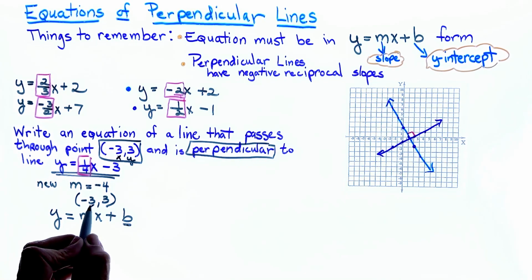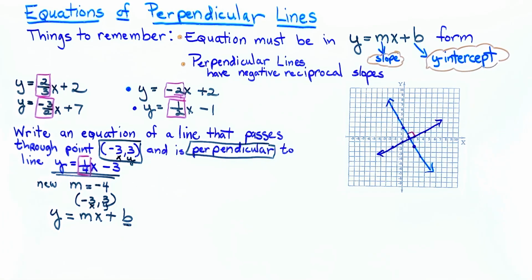So again, this is my x, this is my y. I love to label it so I don't confuse them. So 3 is equal to, remember, the new slope is negative 4 times our x, which is negative 3, plus b.